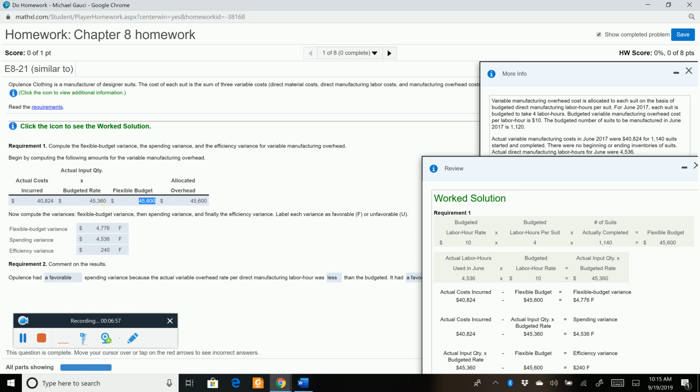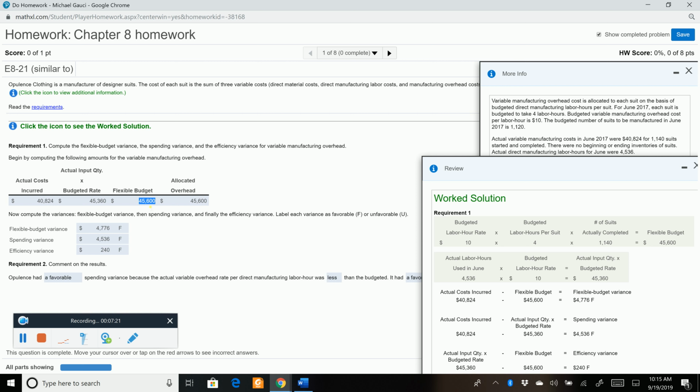4,536. And then comparing column 2 to 3, this is called an efficiency variance because column 2, once again, is the actual quantity, the actual hours times the standard rate. And the flex budget is the standard hours allowed for this level of activity.